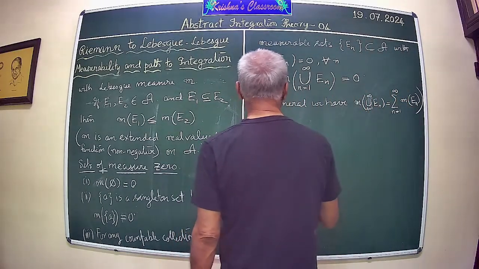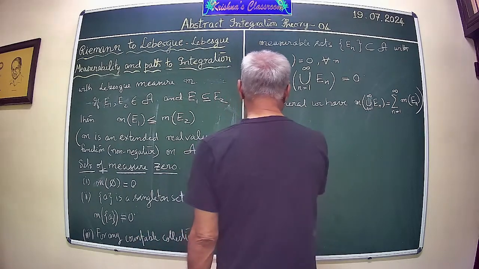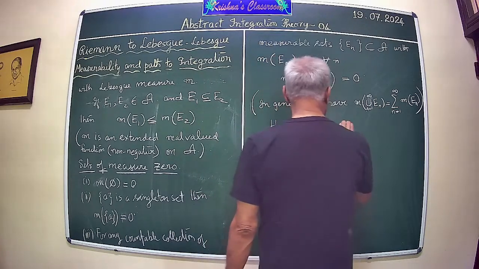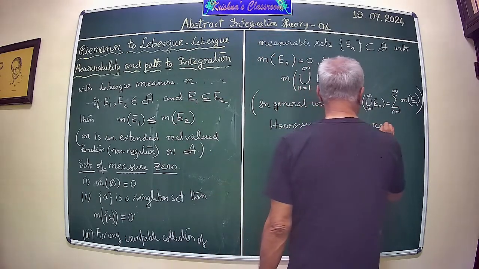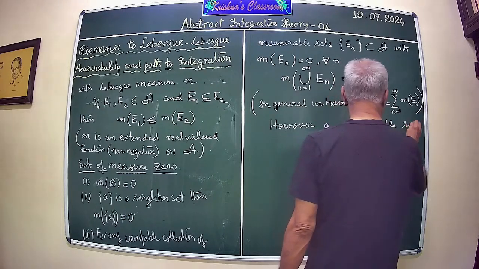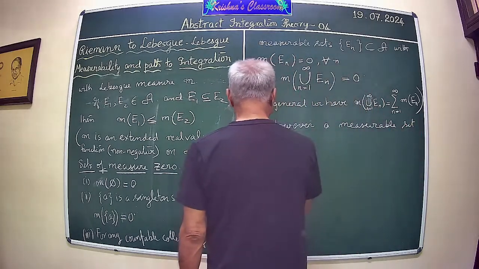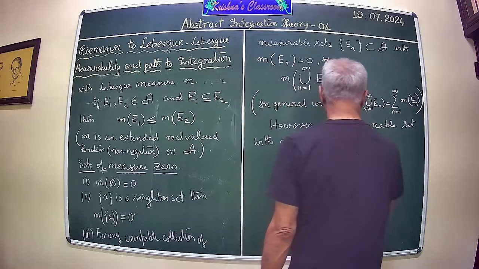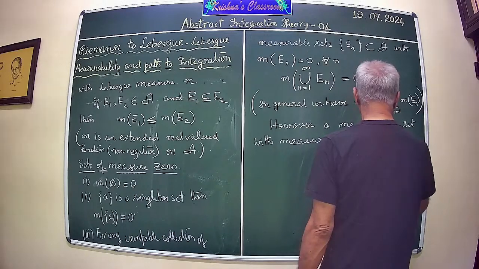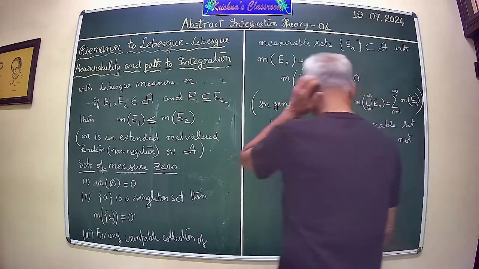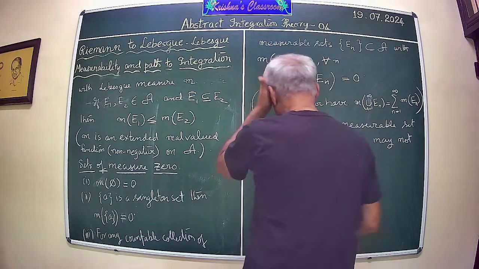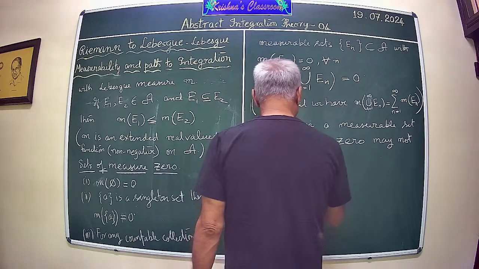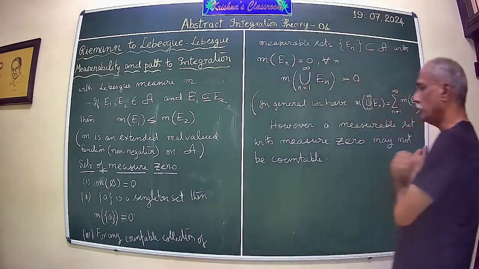Okay. Yeah, let me make a remark here. However, a measurable set with measure 0 may not be countable. It may not be a countable set.